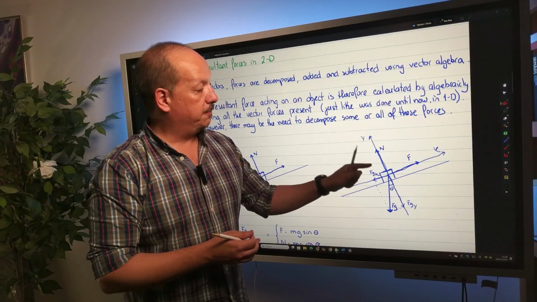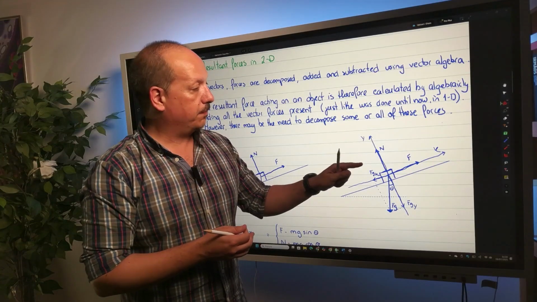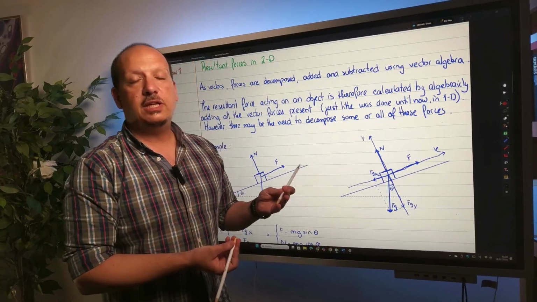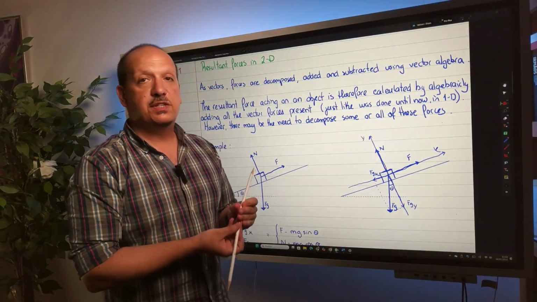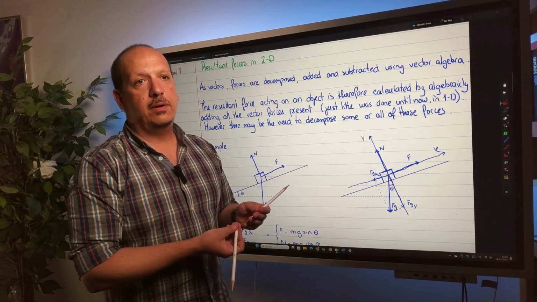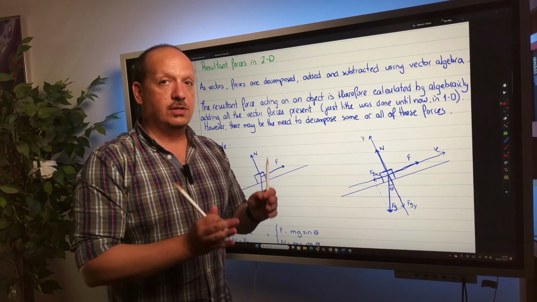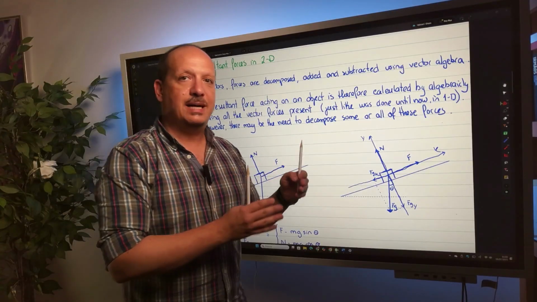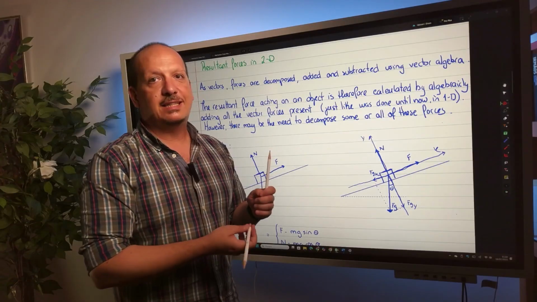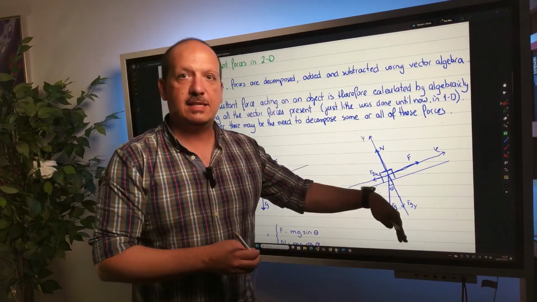So if you would add these two forces, they need to be zero. There is no acceleration, so the second law of Newton says that the resultant force equals the mass times acceleration, right? So if the acceleration is zero, it means that the resultant force on the y-axis is zero.